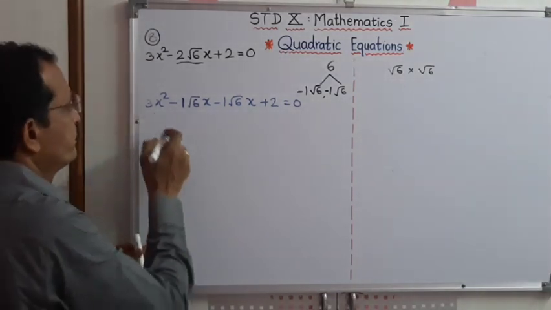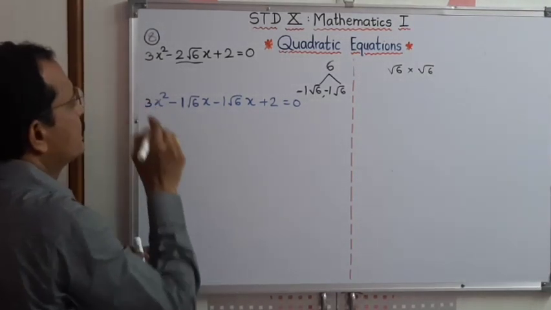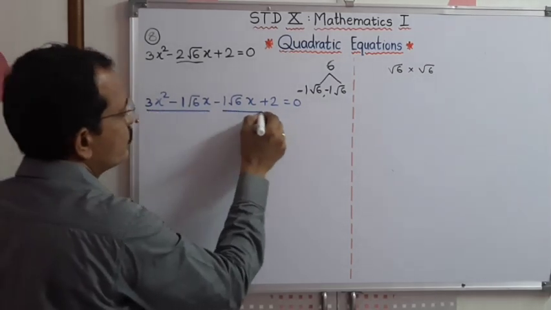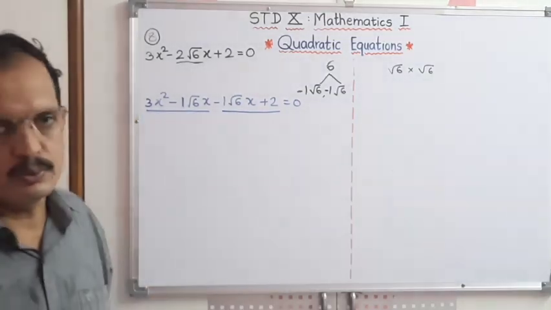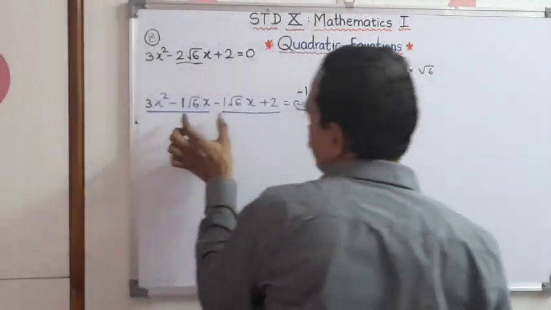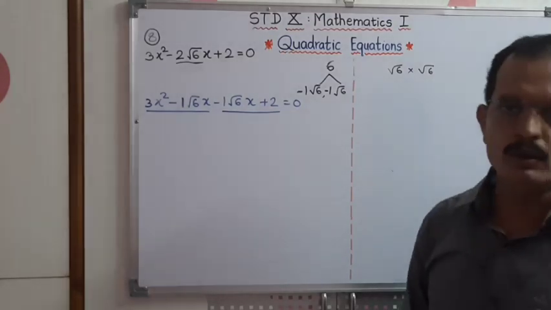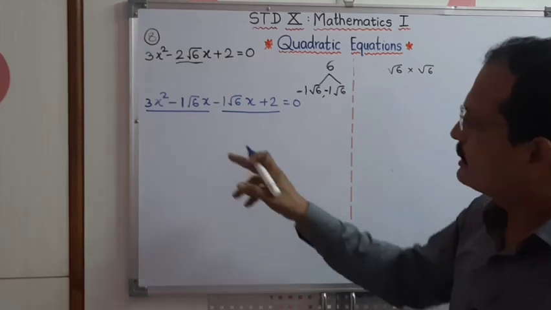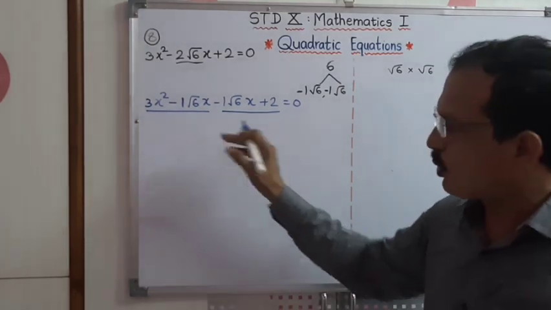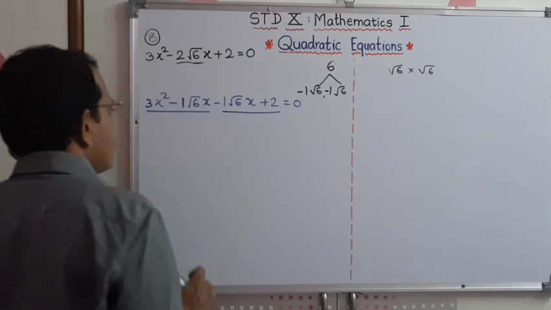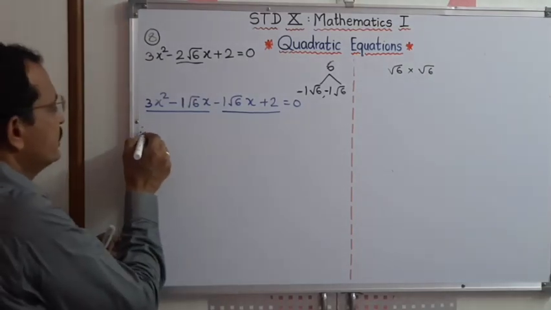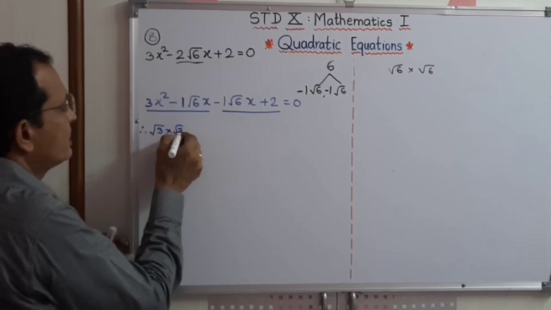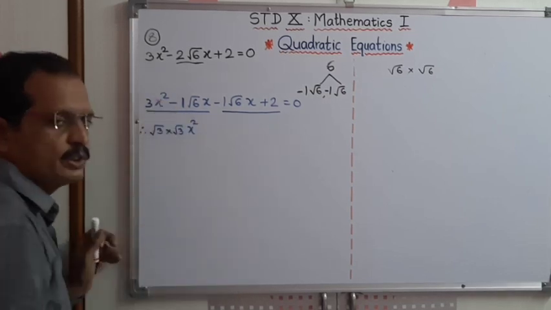Now see here, 3x square minus 1 root 6x minus 1 root 6x plus 2 equal to 0. Make the group of these two. From these two we have to take out the common. Now for taking out the common, we can't see anything in common. I change this. Instead of this 3, if I write root 3 into root 3 x square, is it okay?